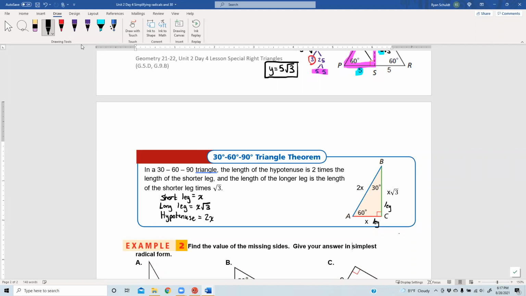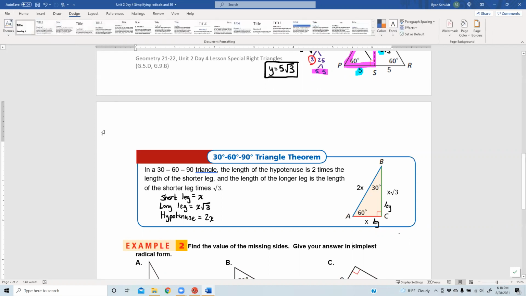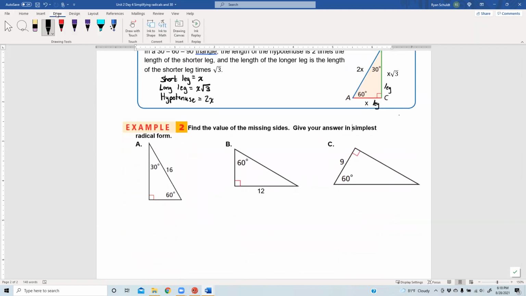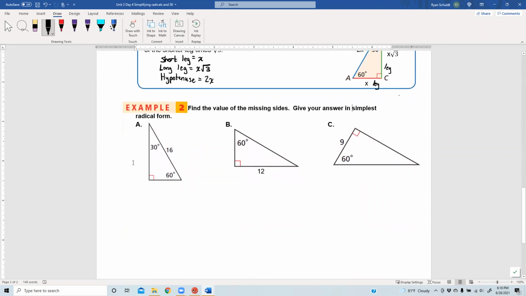Okay, so let's use this on these examples. Of course, we're going to use this on these examples. What else would we use? Okay, example A. They want us to give all the missing sides here.